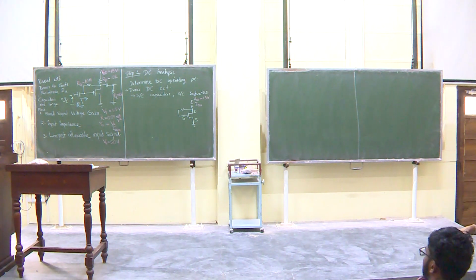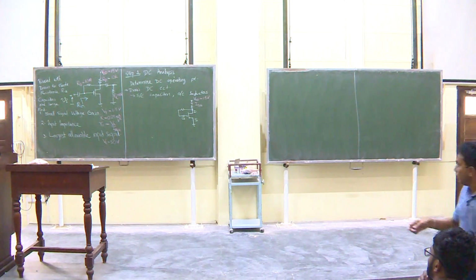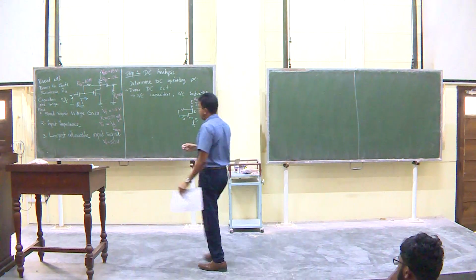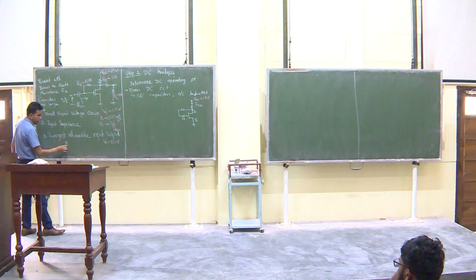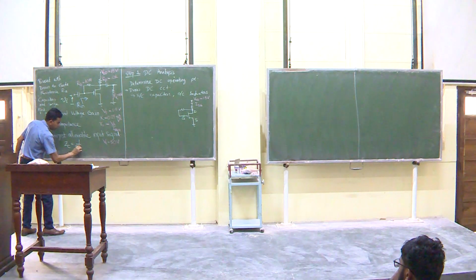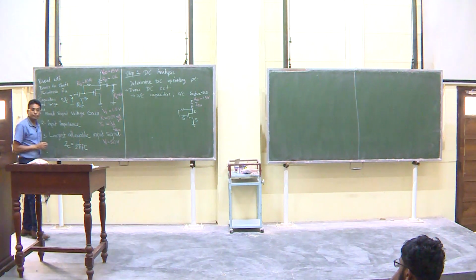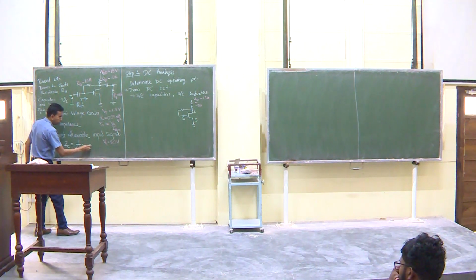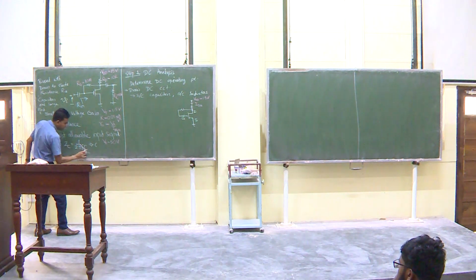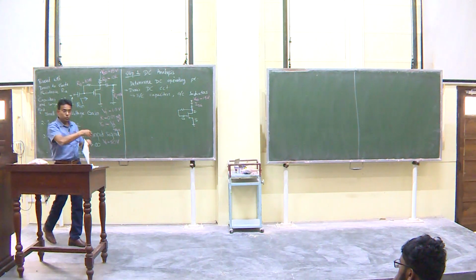You short circuit capacitors for AC analysis, because for DC analysis, the impedance of a capacitor is 1 over 2 pi fC. When f is equal to 0, at DC, this becomes infinity. So open circuit means you disconnect.